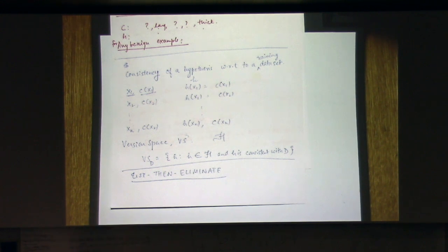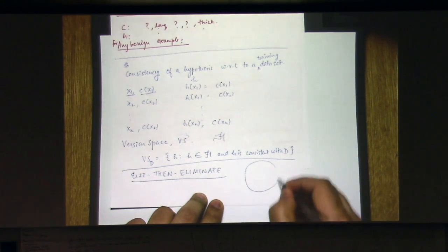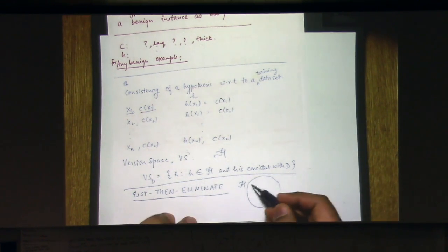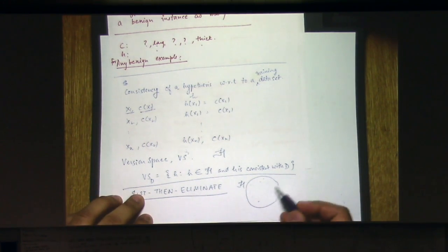Then as you get new training data instances, you eliminate all those hypotheses which are inconsistent with this training instance. So first, this is your H. It contains all the hypotheses, all the conjunctive concepts essentially, if you're assuming conjunction.